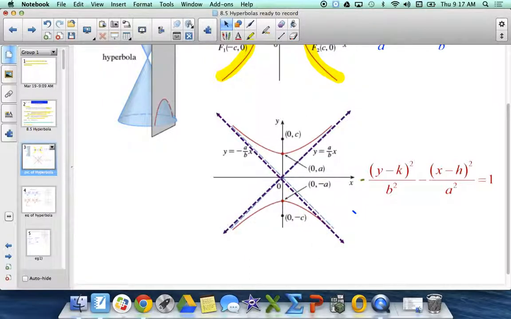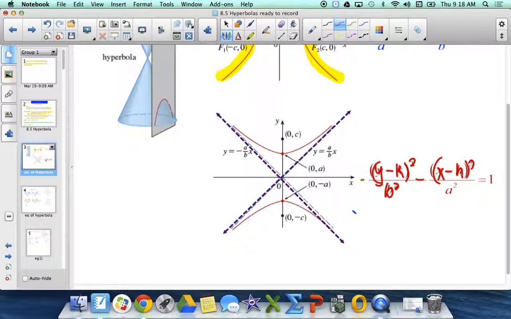So we have (y minus k) squared over b squared minus (x minus h) squared over a squared is equal to 1. These lines are what we call the asymptotes. It's the line the curve gets closer and closer to but never intersects.